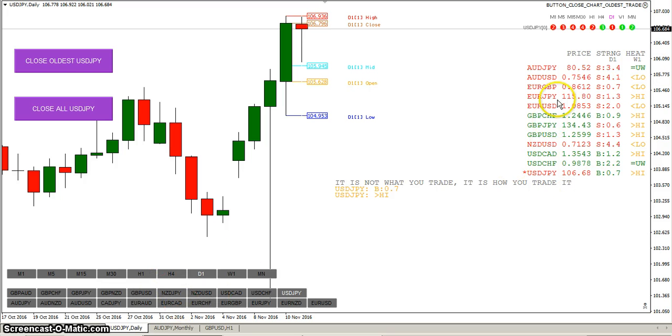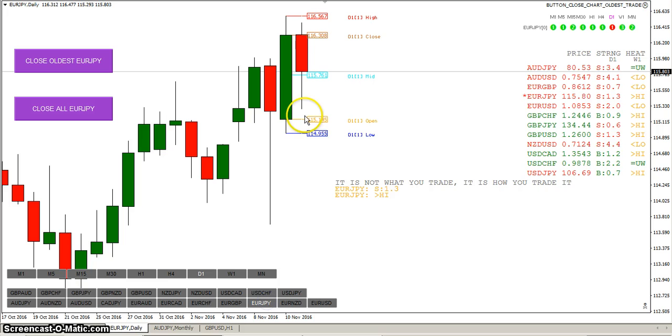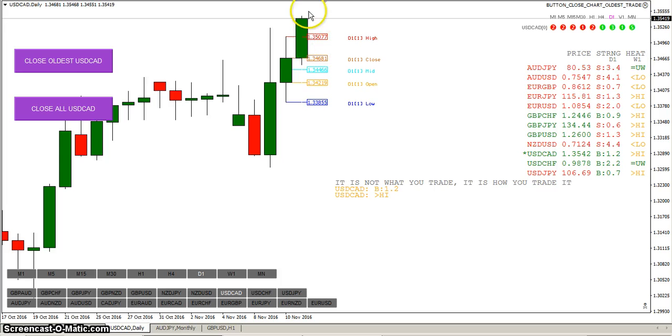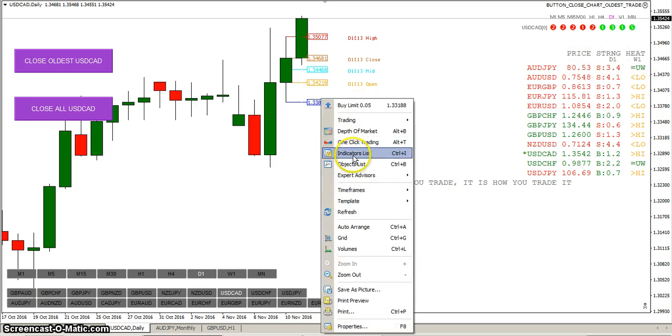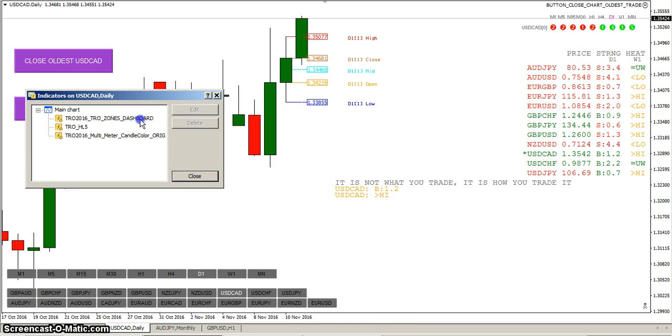Here we've got the euro yen, and it's saying sell that. And we've got the dollar Canadian, and it yielded a buy. So that's the strength. But wait, there's more.